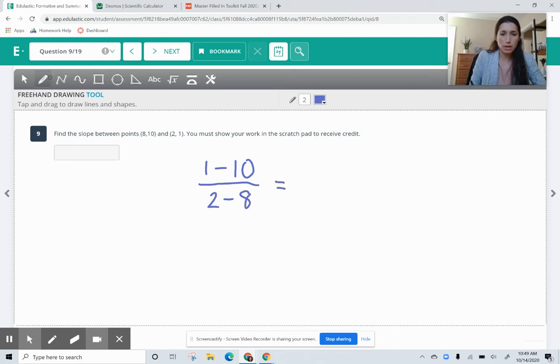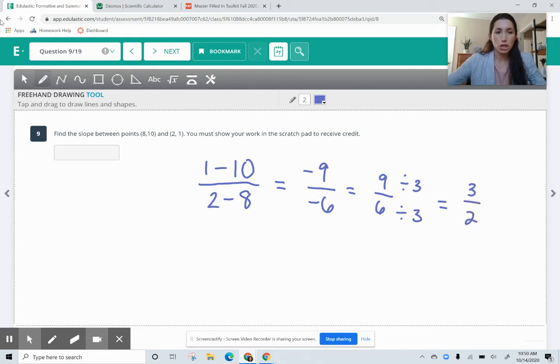I'm not going to this time, but we have 1 minus 10, which is negative 9. And then we have 2 minus 8, which is negative 6. Now we have a negative divided by negative, which would be positive. And then we need to simplify it as well. So I can divide by 3 here, divide by 3 here, and I'm going to end up with 3 halves. So my slope is 3 over 2 in simplest form.